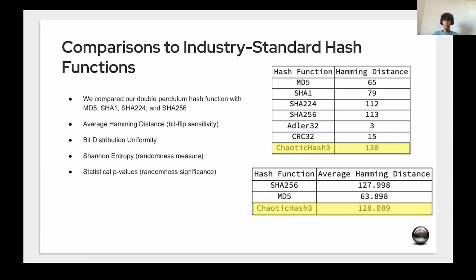In this test, we only noticed marginal increases in our hash function compared to SHA-256. Also, a very big jump for MD5, because MD5 is a fairly old hash function, and it isn't really that comparable in security to modern hash functions like SHA-256.